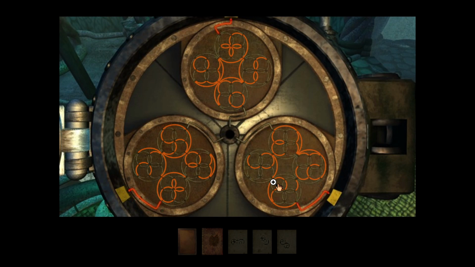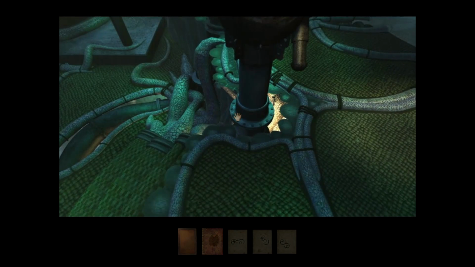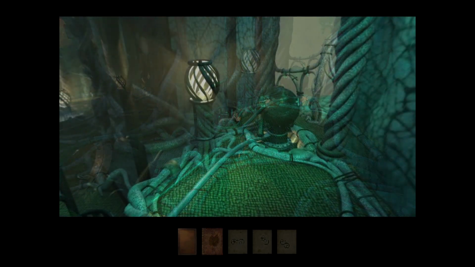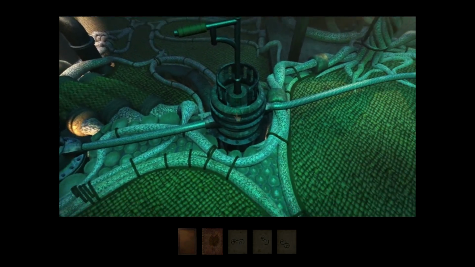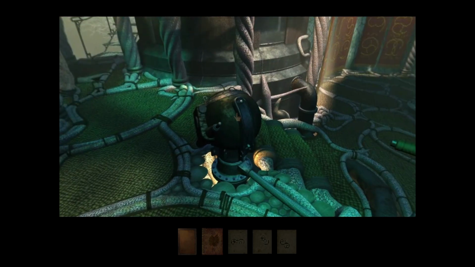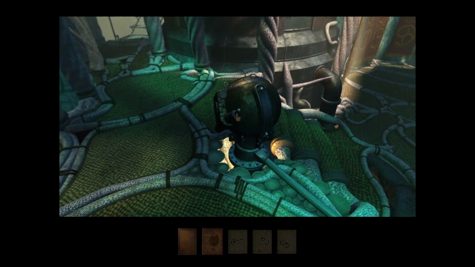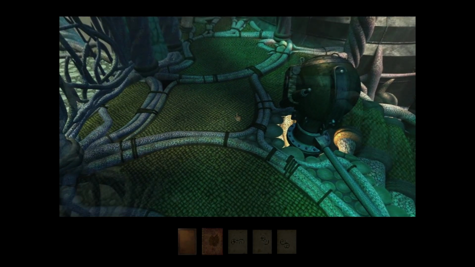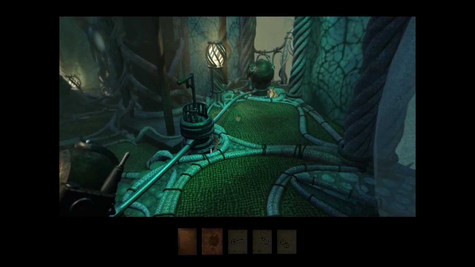Fuck. Fuck. Is there a button on this lever? No, it just looks like it's pulling the lever. Is there a button down under the lever? Is there a button on the back of the orb here? That looks like it's a button. It's not gonna let me push it though.